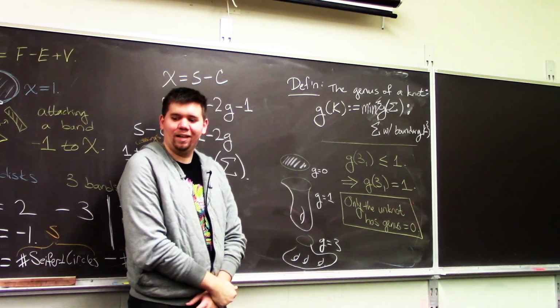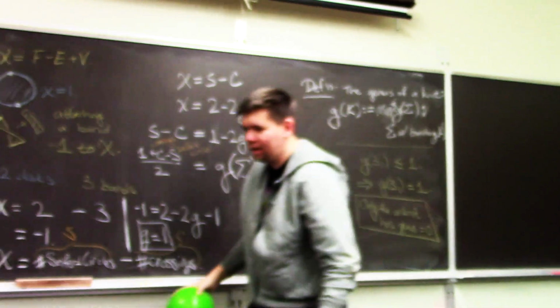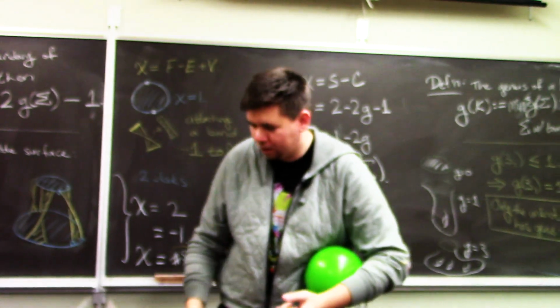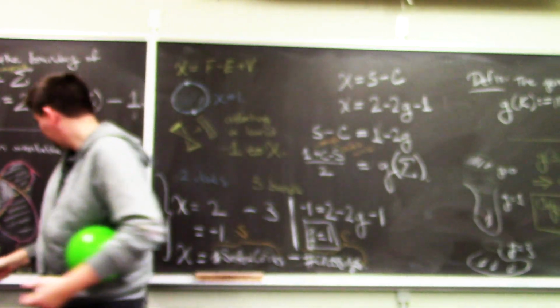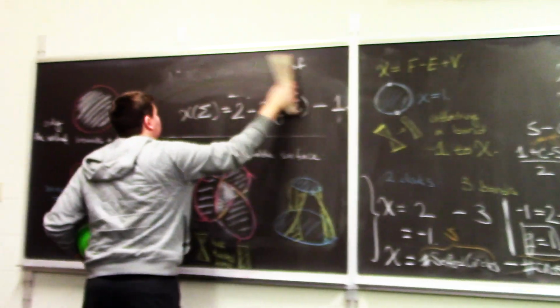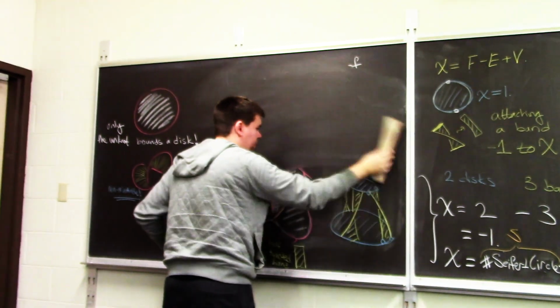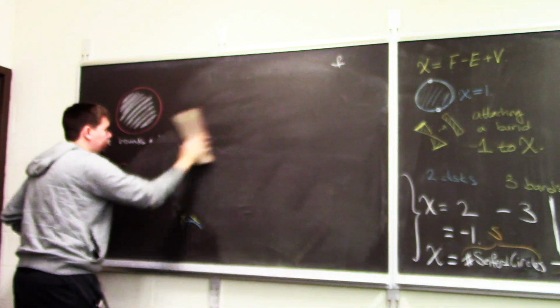Very good. Let's do another example. Let's consider the knot 5_1. Where is the eraser? This will work. Let's consider the knot 5_1. This is a knot with 5-fold symmetry.